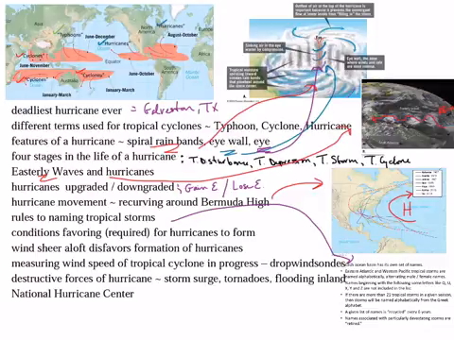Let's see. Conditions favoring or required for hurricanes to form. The water needs to be sufficiently warm. Item number 2, you need to have enough spin. The Coriolis force is what gives this large weather system spin, and you run out of Coriolis force if you get too close to the equator.